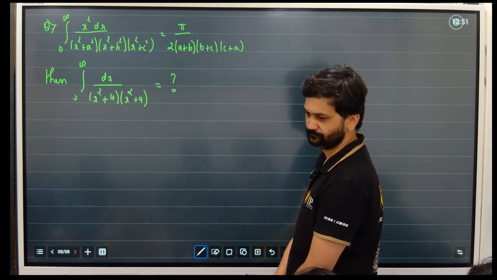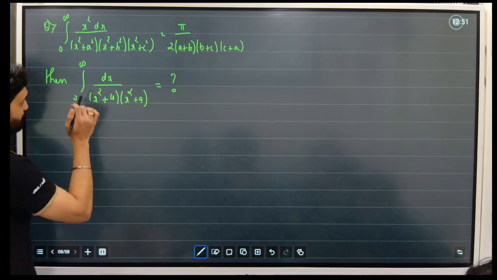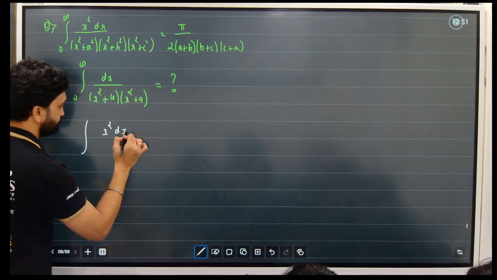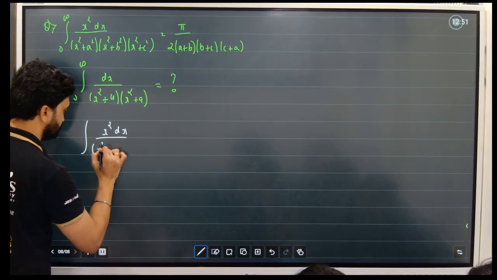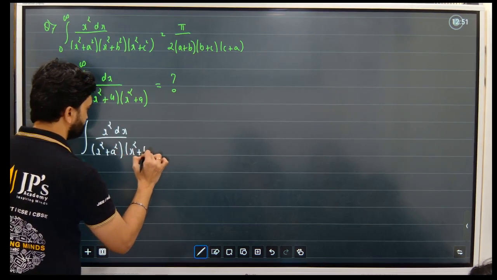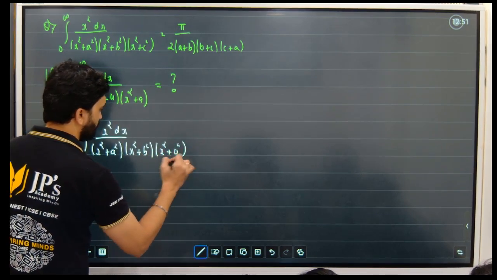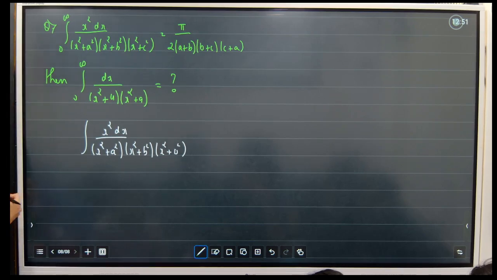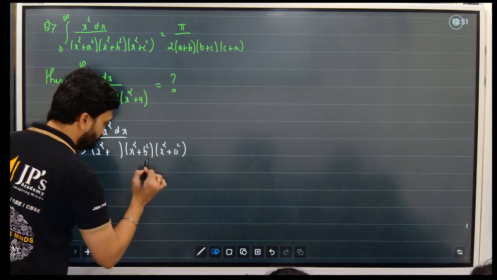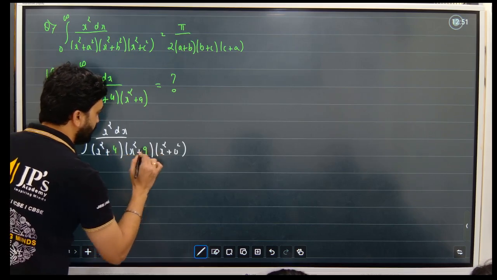Where? This question and this question is the same. If I compare this question and this question, it's like this. So if I compare according to this, here 4 will come, 2 square and 2 square, and here 9 will come.